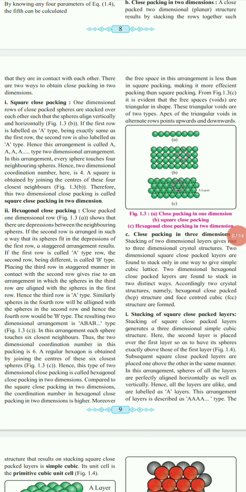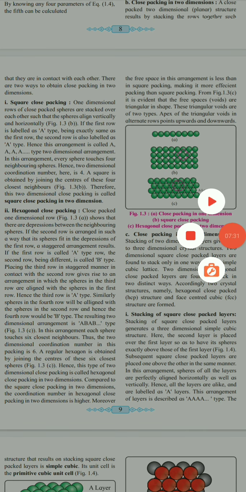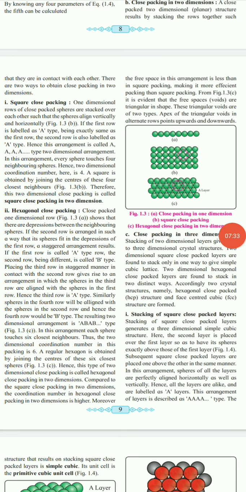First, stacking of square close packed layers. Stacking of square close packed layers generates a three-dimensional simple cubic structure. Here, the second layer is placed over the first layer so as to have its spheres exactly above those of the first layer.